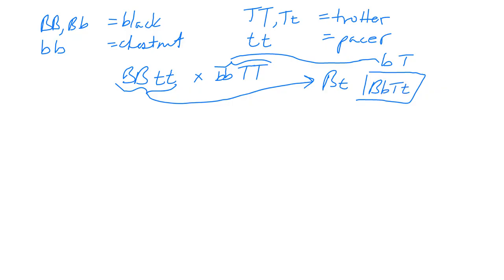All the offspring are going to be dihybrids. They're all going to be black trotters. So now you can guess what the second cross is going to be, right? So these are the F1s.